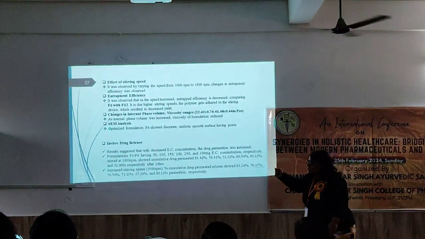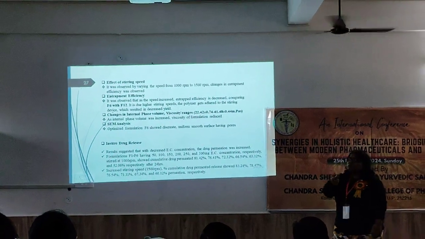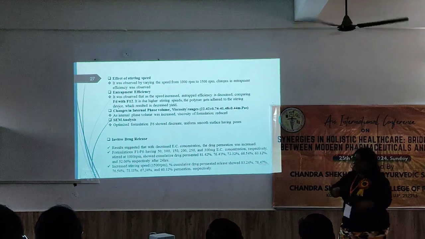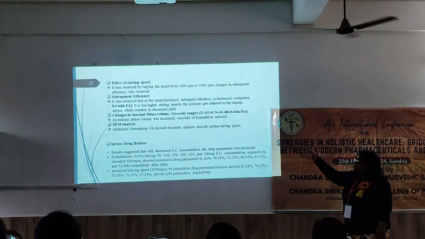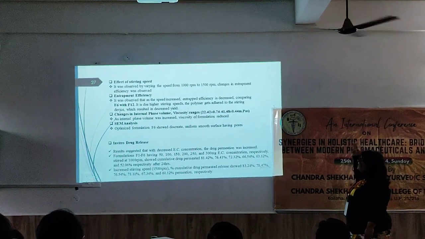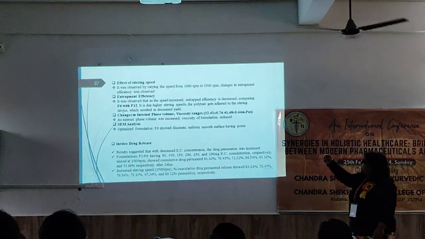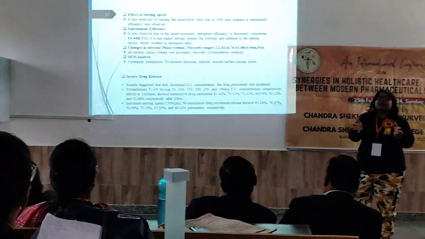What is the effect of stirring speed? As we have increased the stirring speed from 1000 rpm, we have used a magnetic stirrer. From formulation F6 to F12, the entrapment efficiency decreases with increase in speed, because the polymer gets adhered to the sides of the container.